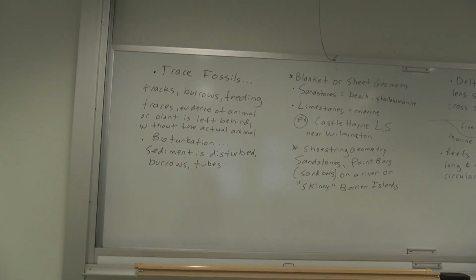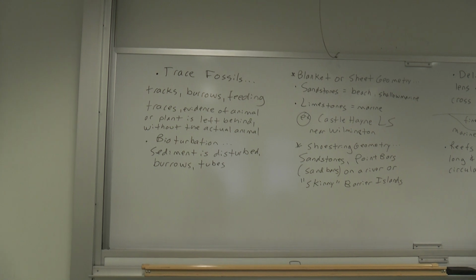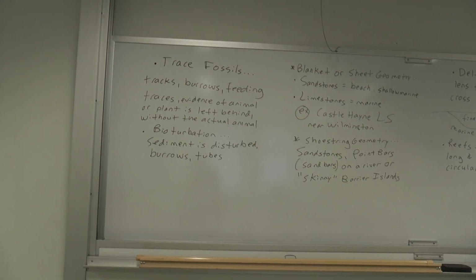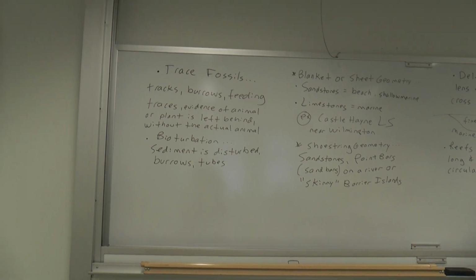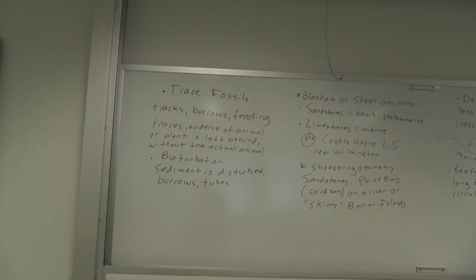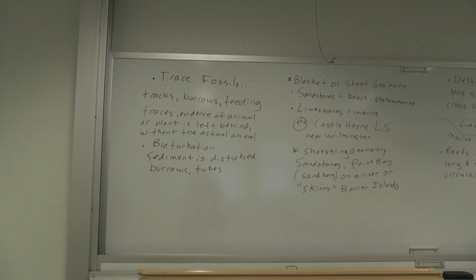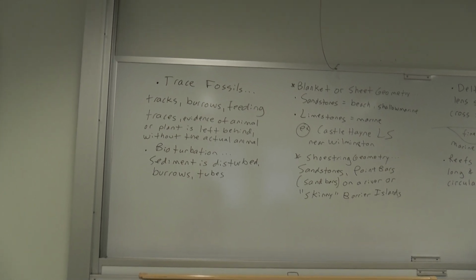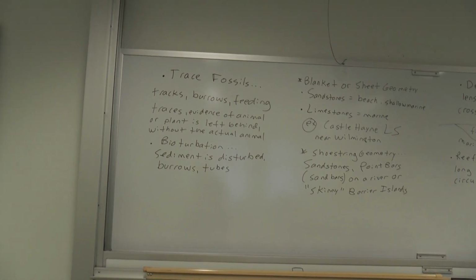Very much related to trace fossils is this notion of bioturbation. That's our next bullet there. This simply means that the sediment has been disturbed by some kind of living creature. Generally, in the case of bioturbation, it's going to be animals. So imagine prairie dogs.